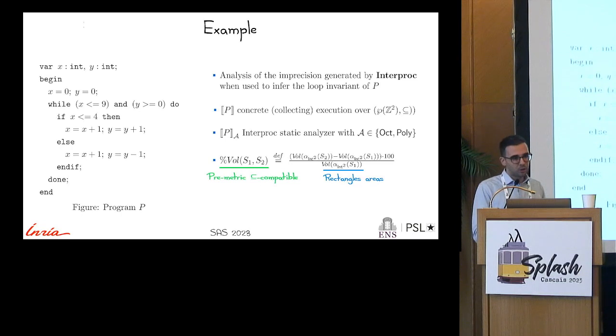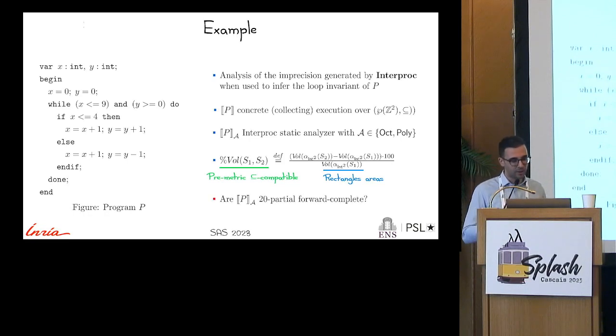We want to measure the incompleteness in this case using these pre-metrics. So what is the calculation of this pre-metric? We are calculating how much more volume the result of the abstract interpreter has with respect to the result of the concrete interpreter. So this is the percentage of more volume that the result of the Interproc static analysis has with respect to the concrete analysis, just as an example.